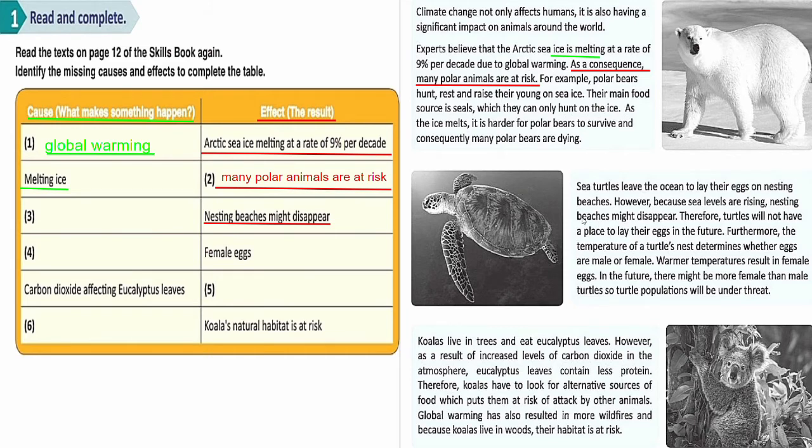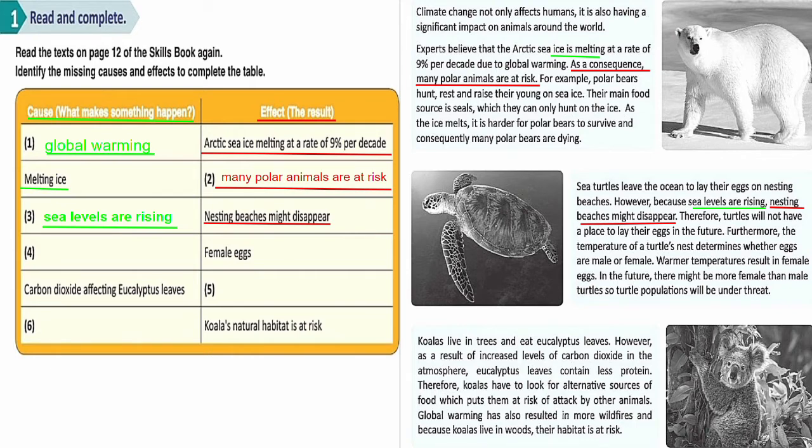Here, disappear, it is mentioned here. So nesting beaches, this is the effect of what? Here, sea levels are rising. Excellent. So sea levels are rising is the cause. The effect is nesting beaches might disappear.